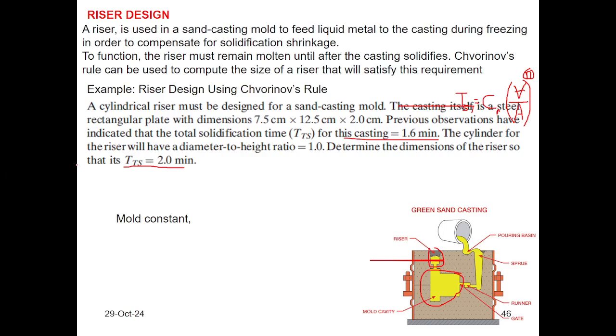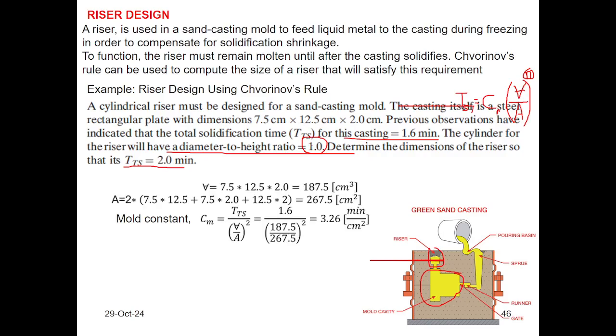Okay, but here in today's content, I want to highlight this design parameter. The riser is a cylindrical riser in shape, and the diameter to height ratio is 1. Now the question is whether it is the optimum ratio. Is it 1 only in this example, or is it 1 in all cases because it is the best value?